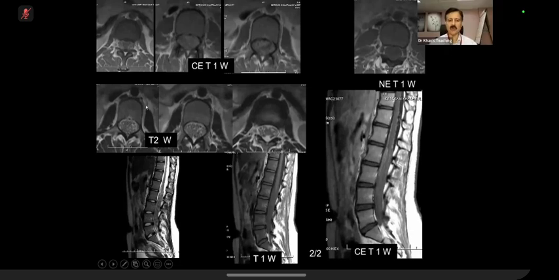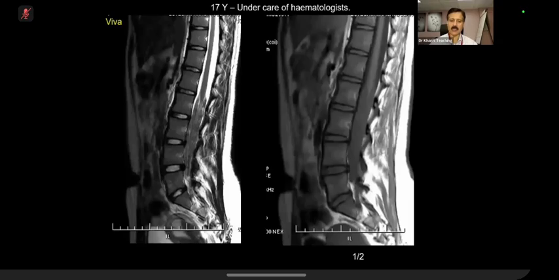So this is a case of, the differential as we have covered. And interestingly, this was a case of lymphomatous meningitis, a very rare presentation of a lymphoma, which presents here on the nerve roots.